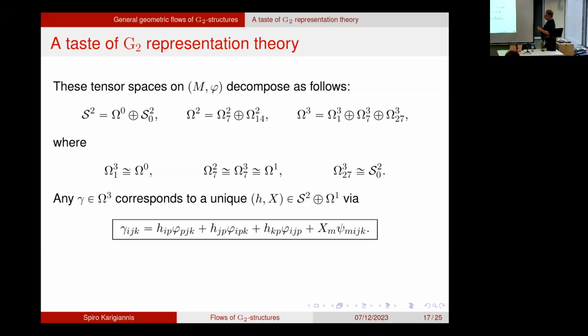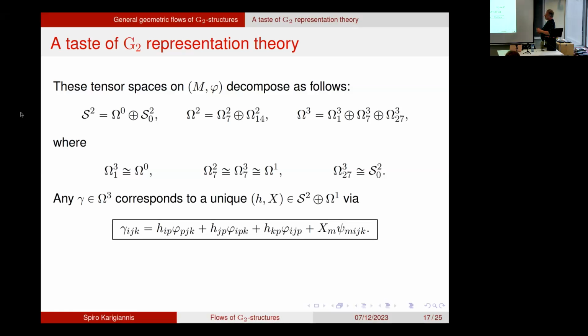And explicitly, the way you can package this information together is if you have a symmetric 2-tensor H and a vector field X, I'm always going to identify vector fields and 1-forms. Then what you do is contract H with phi on a pair of indices. It's no longer skew-symmetric, so you skew-symmetrize it. And you contract your vector field X with the 4-form, and that is a 3-form.